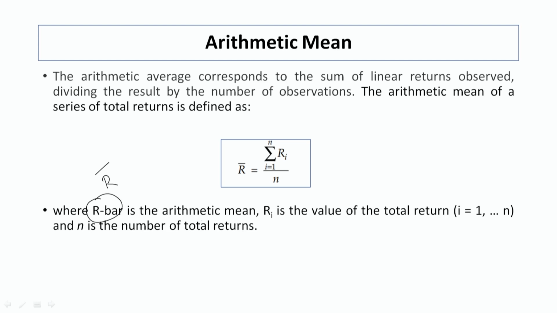So, we have to calculate whatever return is available over a period of time and add it, and then divide it by the number of periods. Suppose for the last 10 years we are calculating this, so 10 years return will be added, divided by 10. We are going to get the average return.